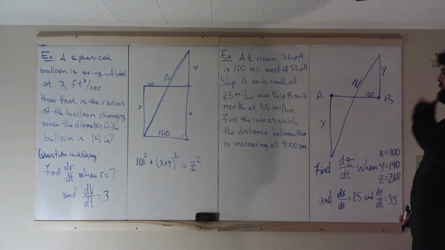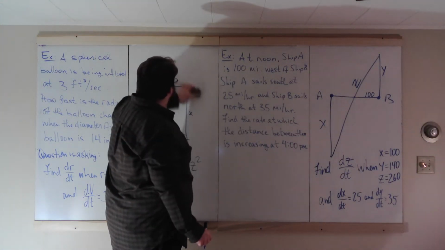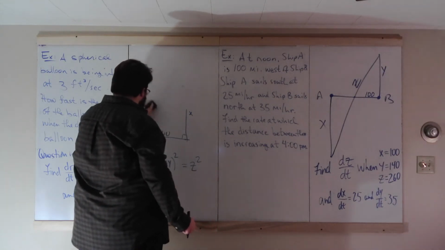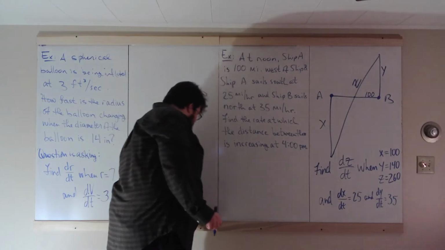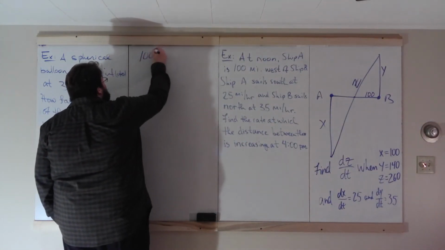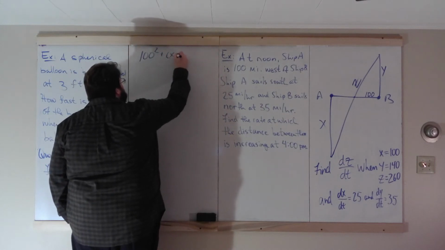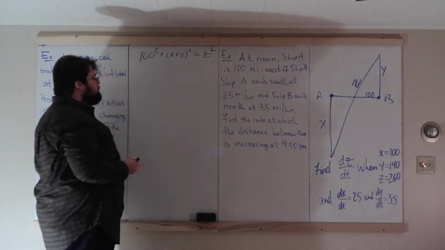I should have written that at the top of the board. Well, this is on video, so if you need this diagram again, you can go back a few seconds. So we get our equation, step 3: 100 squared plus (x plus y) squared equals z squared.